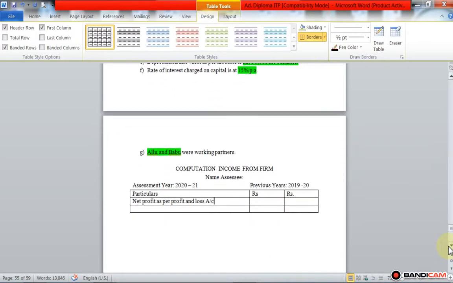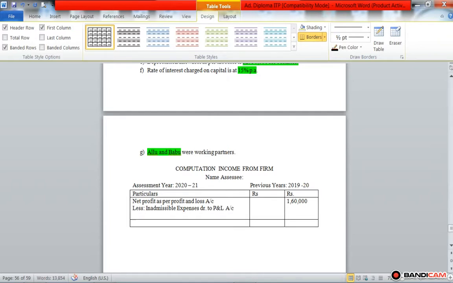Put the 1,60,000 in outer column. Here we add inadmissible expenses debited to P and L account.